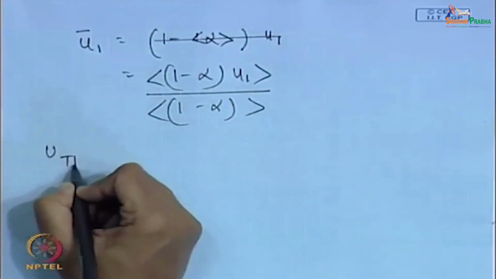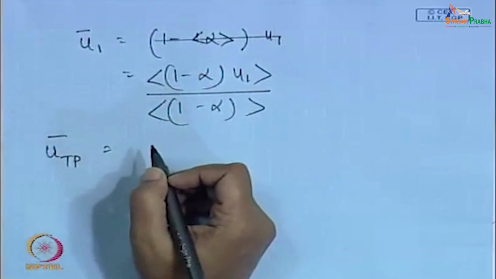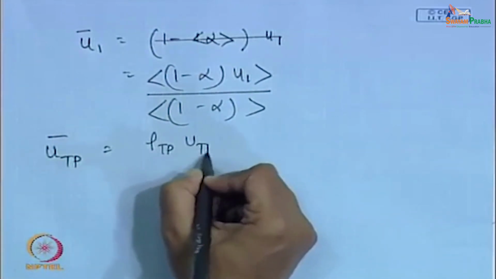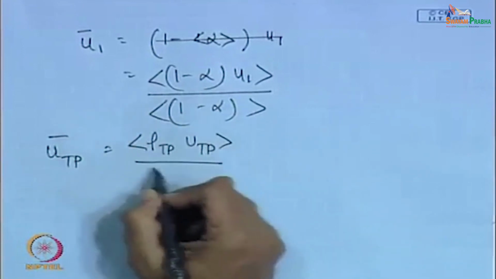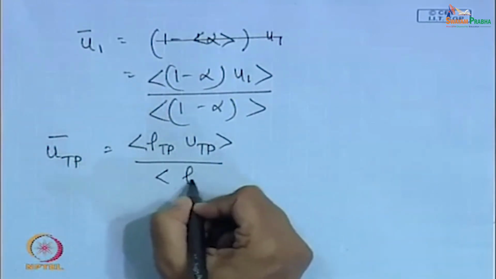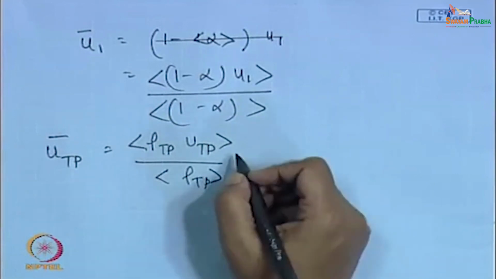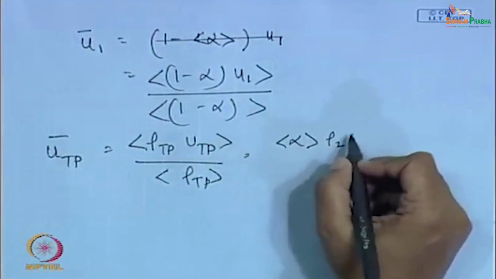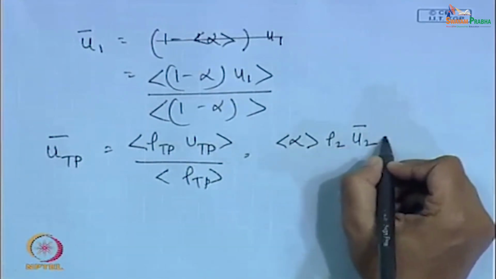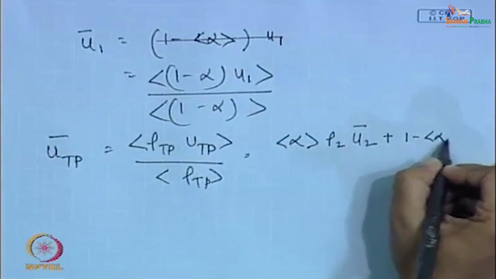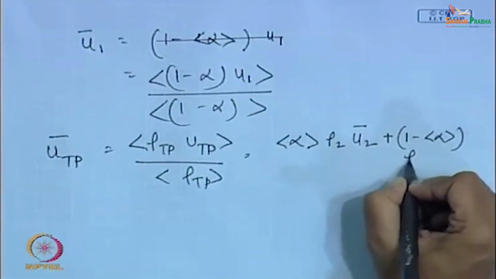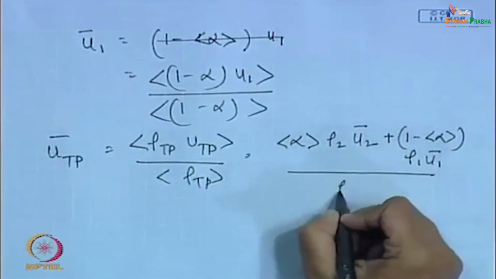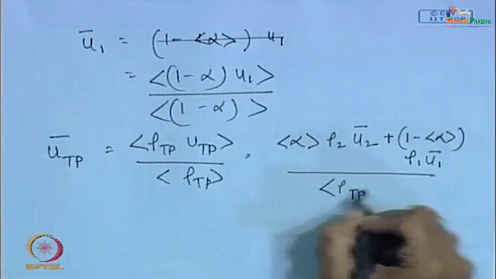Similarly, suppose you would like to define UTP, the two phase mixture velocity. It is nothing but rho Tp UTP divided by rho Tp. Okay. So, therefore, this is given as alpha, again rho 2 is taken as constant, u2 bar plus 1 minus alpha rho 1 u1 bar divided by rho Tp.